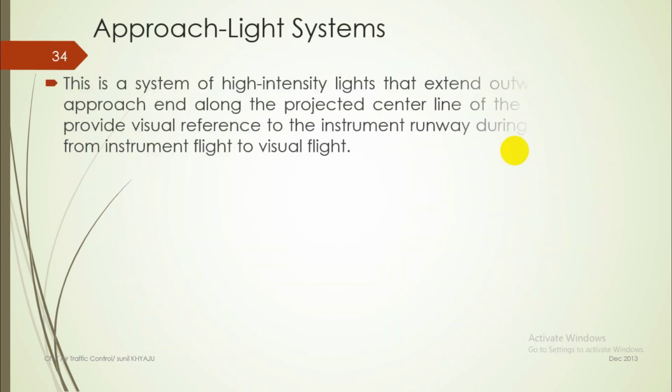Approach light system. This is a system of high intensity lights that extend outward from the approach end along the projected center line of the runway. This provides visual reference to the instrument runway during the transition from instrument flight to visual flight.